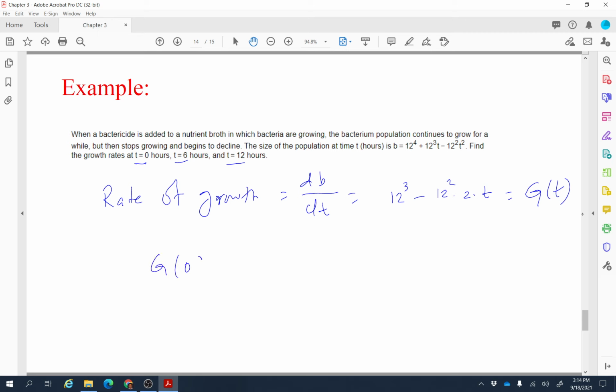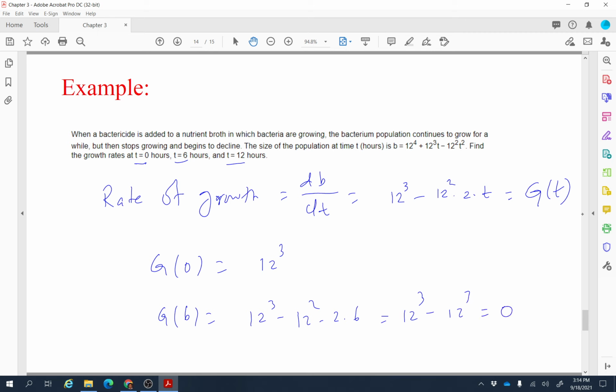We would like to find out this growth rate when time is 0. So put t equal to 0 here, and that will be 12 cubed. So that's the answer for when time is 0. The growth rate is 12 cubed in the first hour. The growth rate when time is 6, at 6 hours, you can find by 12 cubed minus 12 squared times 2 times 6. So eventually it's 12 cubed minus 12 cubed, which is 0.